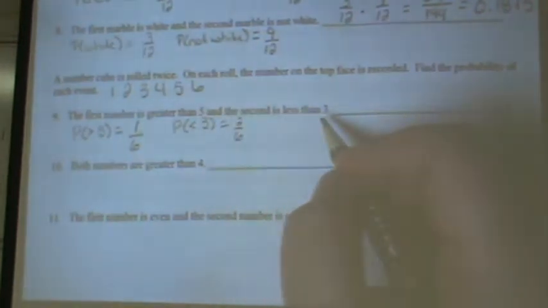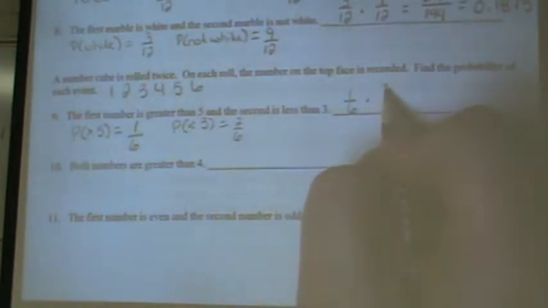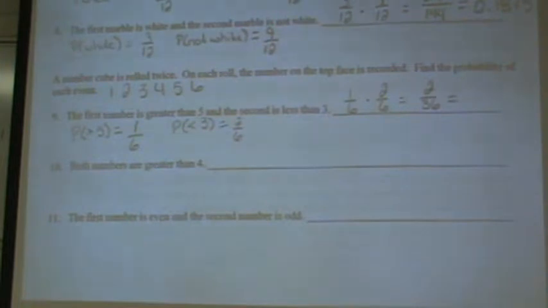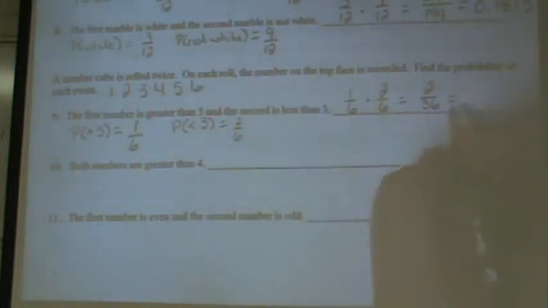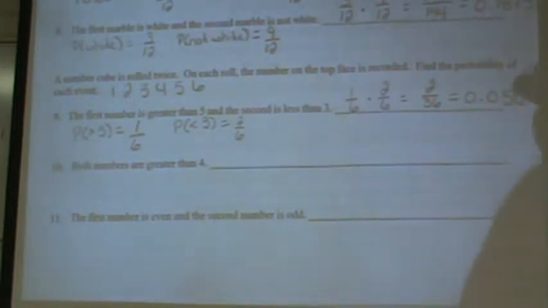So to find our probability that the first is greater than 5 and the second is less than 3, we multiply 1/6 times 2/6, and we're going to get 2 over 36, which is going to give us a decimal of 0.056.